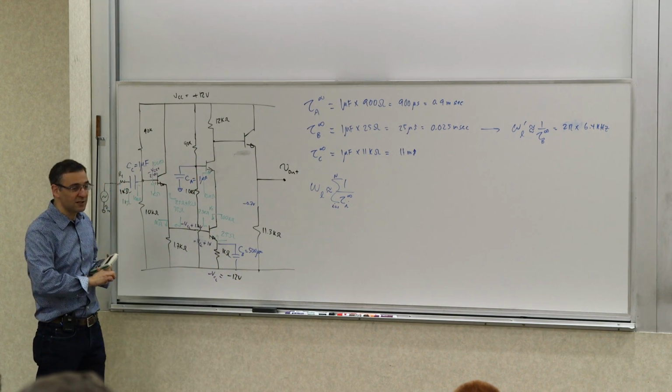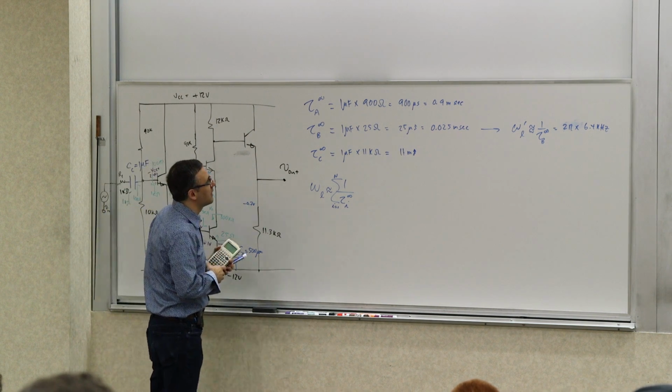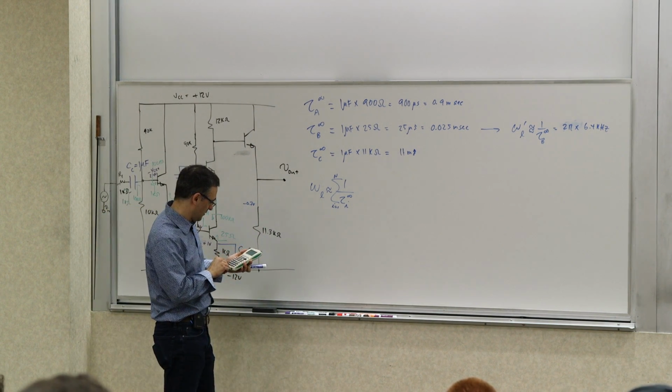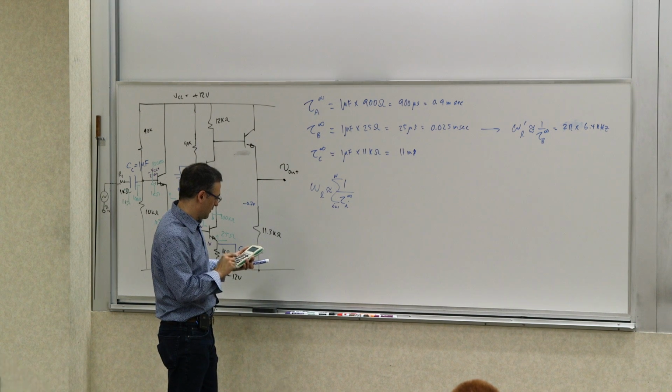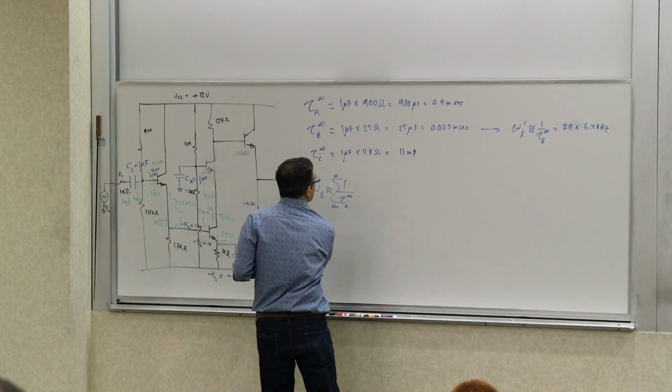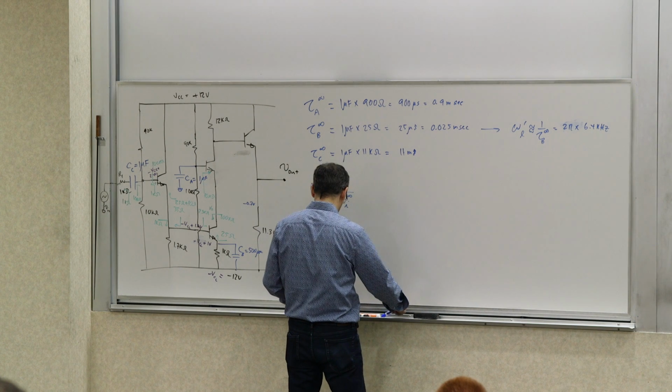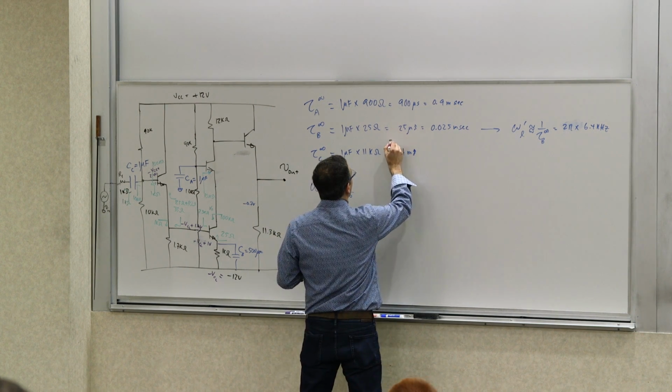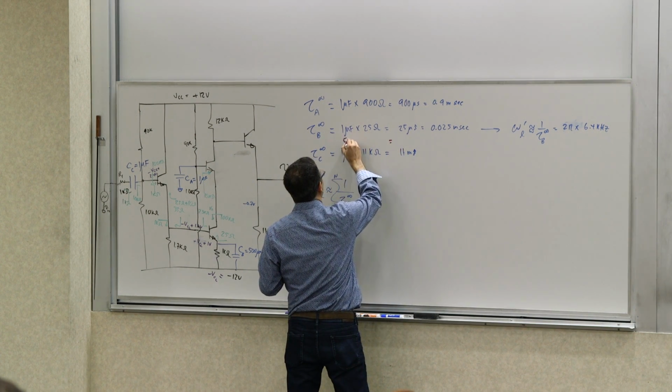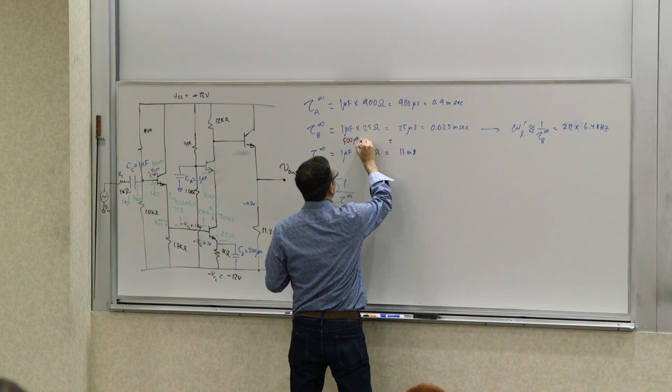If you make this one 500 microfarads, what's going to happen? So that's going to multiply by 500. So you get 12.5 milliseconds. So this is like 500 microfarads times 25 ohm.